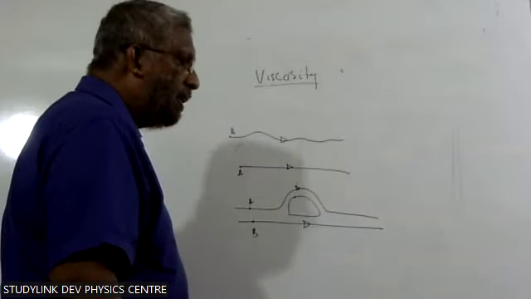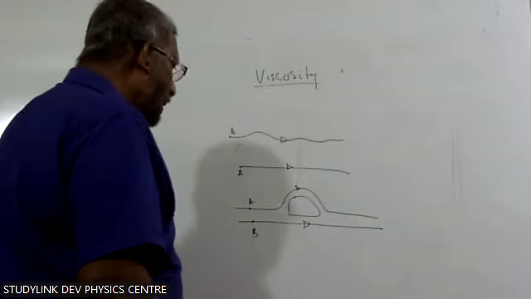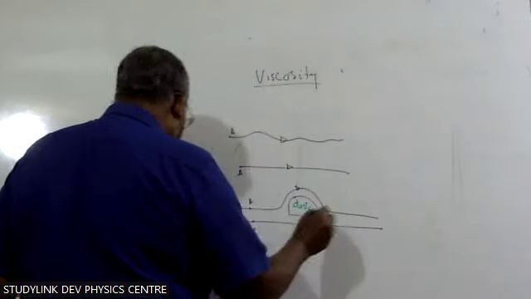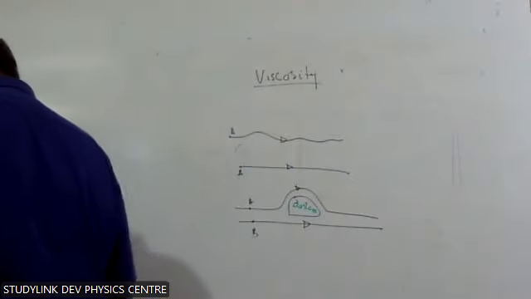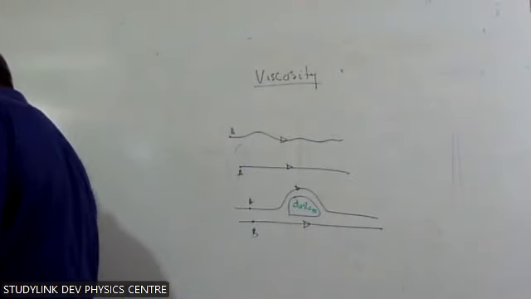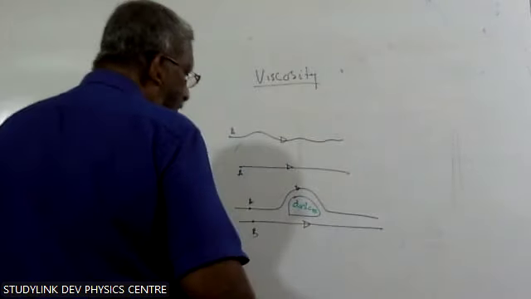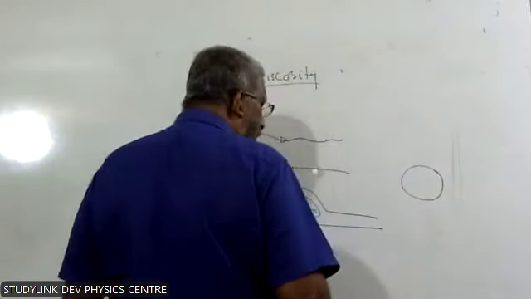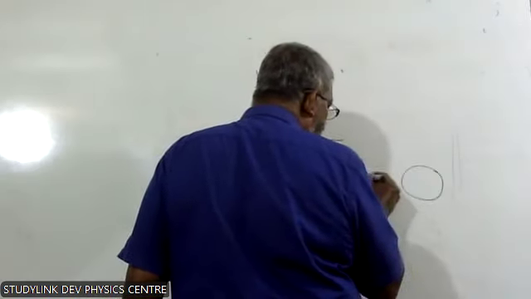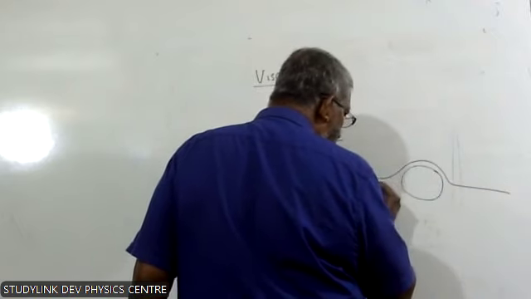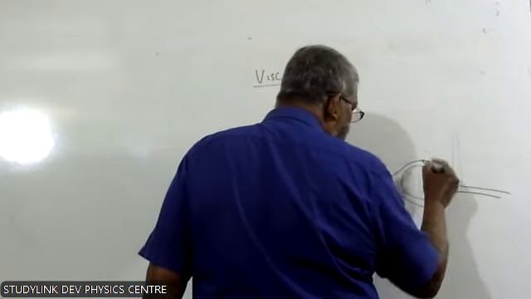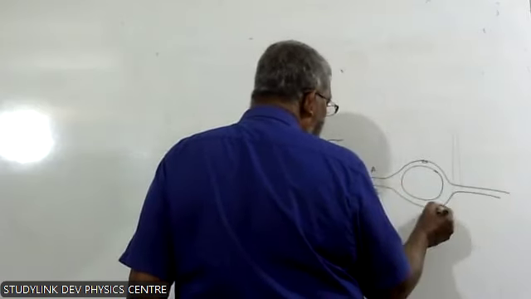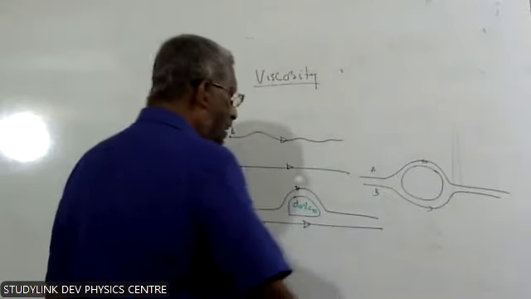In the path of the streamline, if any obstacle is there, the streamline changes its path. A solid ball or a hollow one may be the obstacle, so the streamline changes like this. Two streamlines, A and B. This is the obstacle.